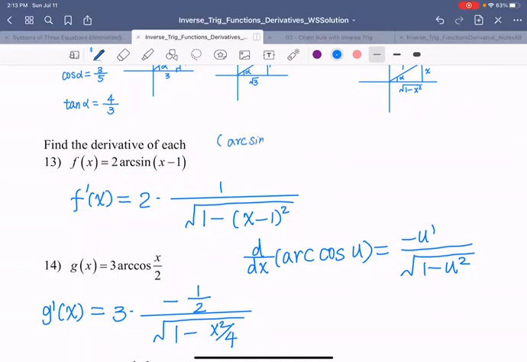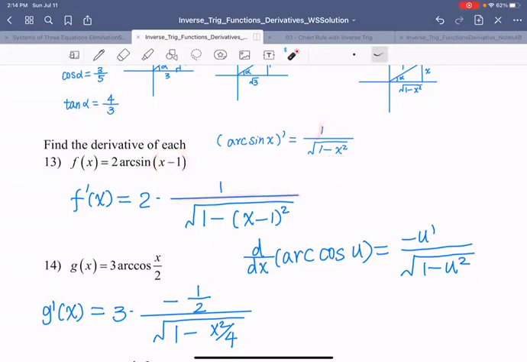Arc sine x derivative equals 1 over square root of 1 minus x squared, okay? This is an easy question. Why? Because you just have a 2 outside. So as a constant coefficient, you leave it outside, that's it. And then you are going to apply the formula. The formula here is arc sine x. Here is x minus 1. So you are going to treat this whole thing as a package to plug in.